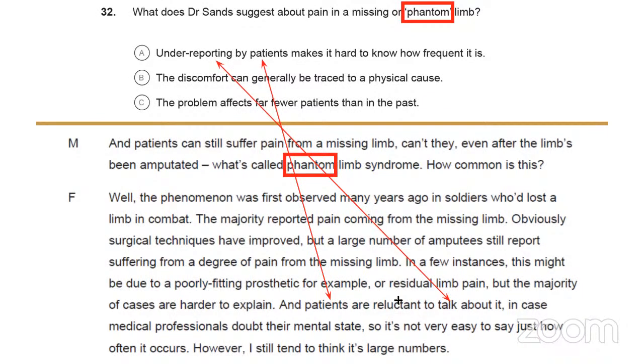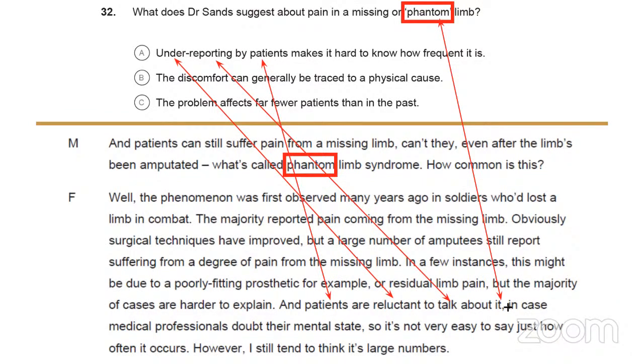They're adamant. They're not interested to share. They're not sharing. So it is underreporting about it. Phantom limb. So underreporting by patients.